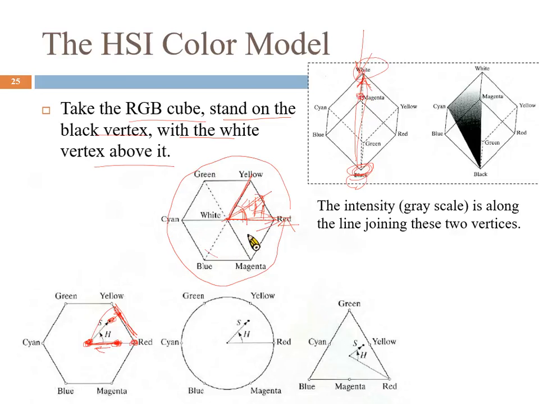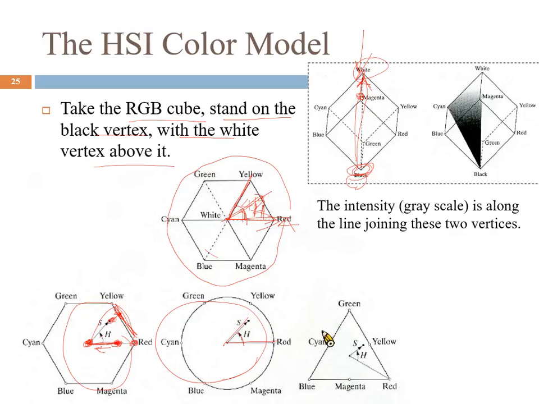Regarding hue and saturation, sometimes we just approximate this hexagon as a circle. Just like this, we may usually see it as a circle and define the hue value and the saturation.